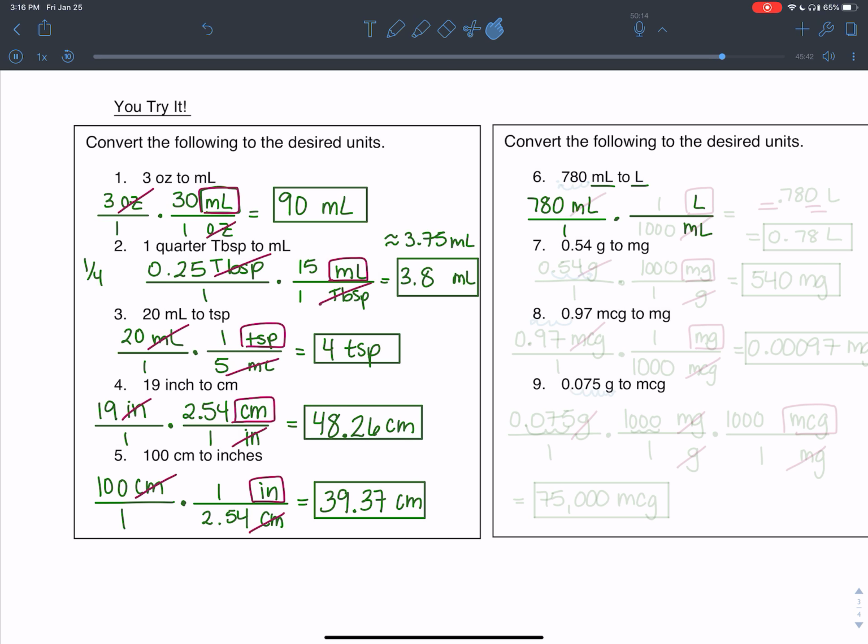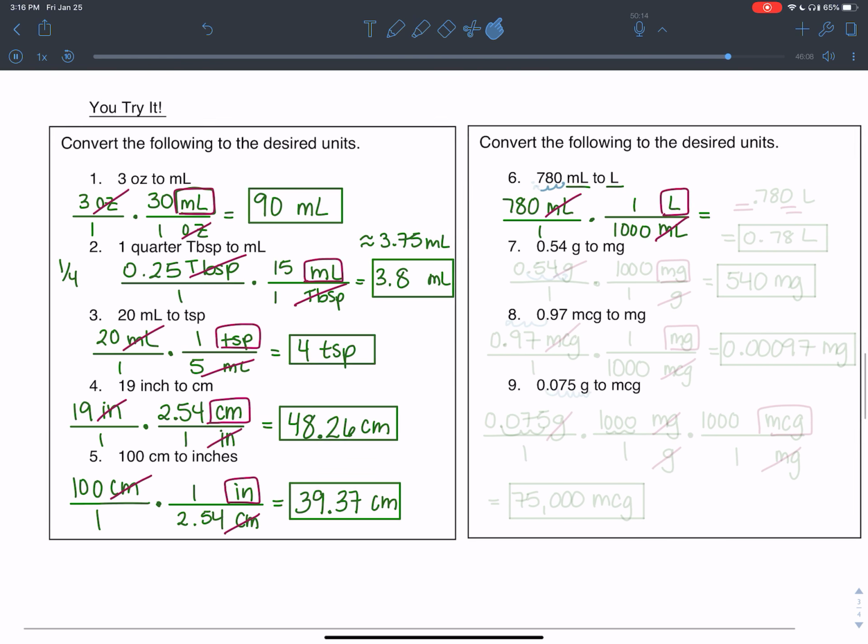1,000 milliliters to 1 liter is what we're talking about. Things cancel, milliliters, and I'm left with liters. So I'm dividing by 1,000. There are 3 zeros here, which means I'm going to move this decimal, that is technically right here, over 3 times. 1, 2, 3. So I'm going to move it in front.